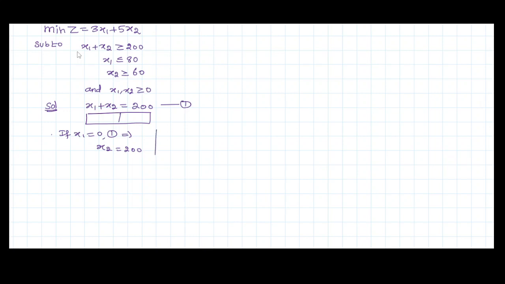On the other end, if x2 equals 0, then x1 equals 200. Therefore 0 comma 200 is a point, and 200 comma 0 is another point on the line. This is step number 1.